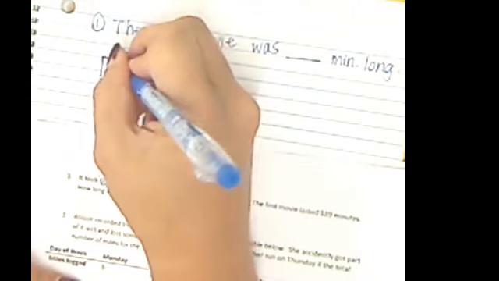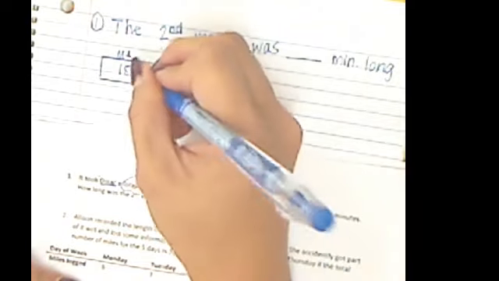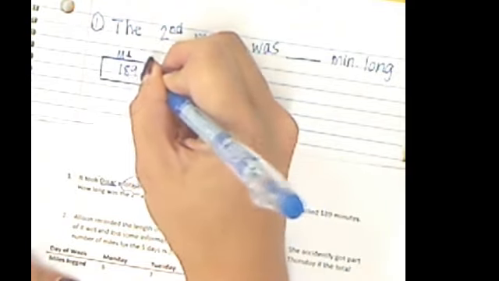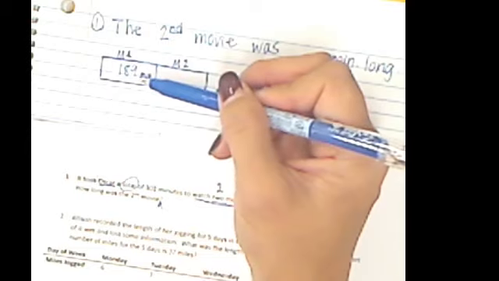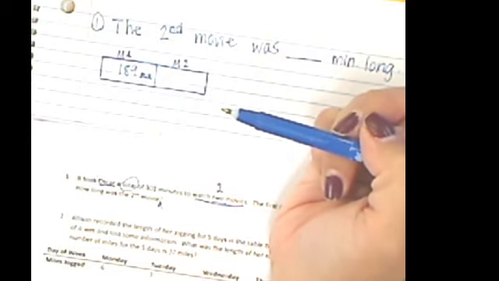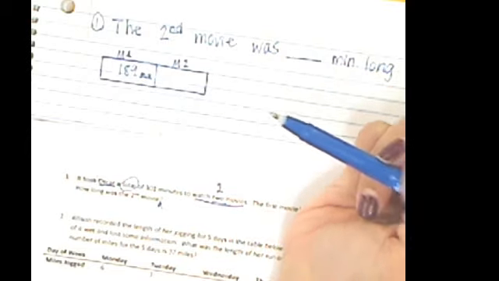So we can label that on our work, 189. We can write minutes here just so you know that we're dealing with the length of time. So if he watched the first movie and that took 189 minutes, well, what else do we know?